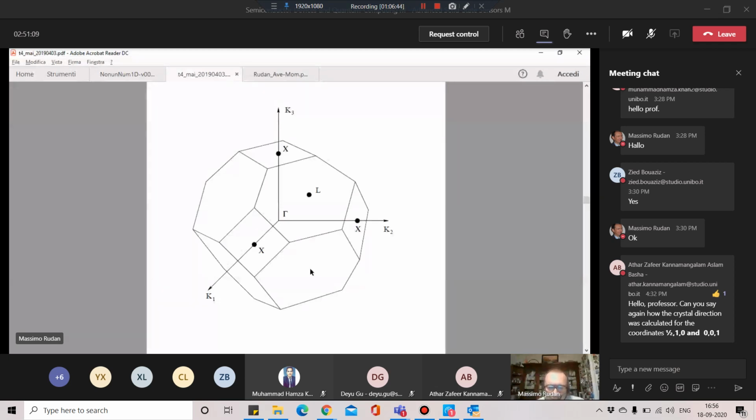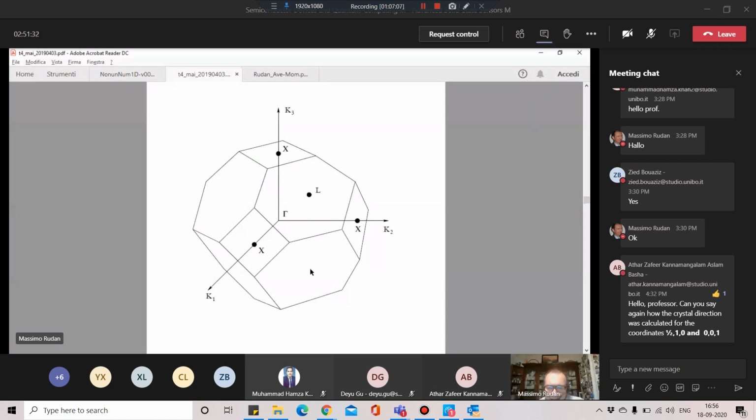Why is the Brillouin zone so important? The Brillouin zone is important because it is the interval of periodicity of the reciprocal scaled lattice. So we have a sort of duality here with respect to the direct lattice.